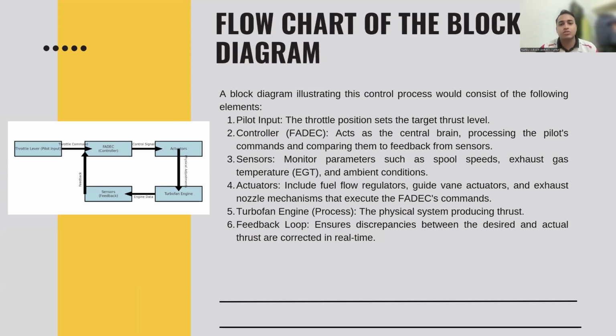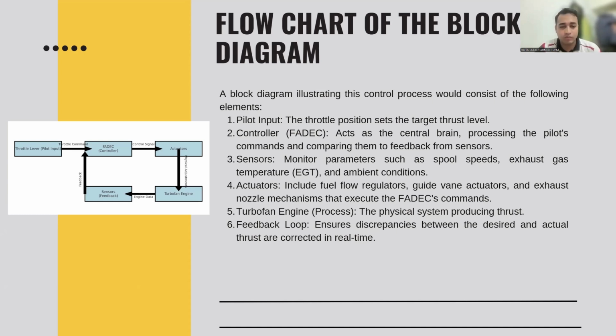A block diagram illustrating this control process would consist of the following elements. The first one is pilot input. The throttle position sets the target thrust level, and the electronic controller is the FADEC, also called full authority digital engine control. That component acts as the brain of the aircraft, processing the pilot's commands and comparing them to feedback from the sensors. The sensors monitor parameters such as spool speed, exhaust gas temperature, and the ambient conditions.